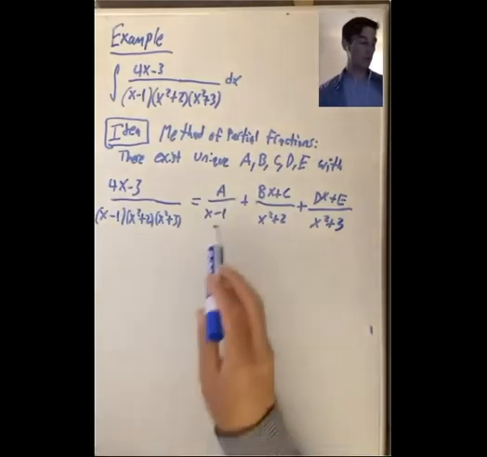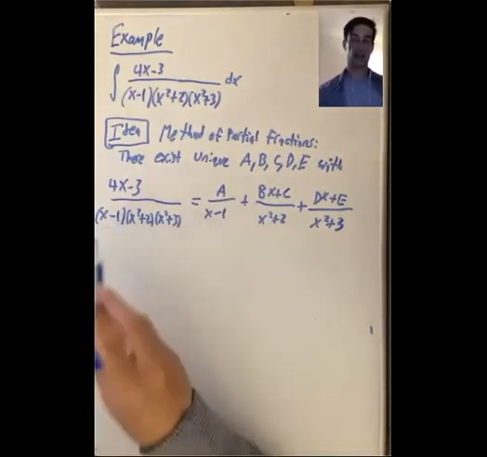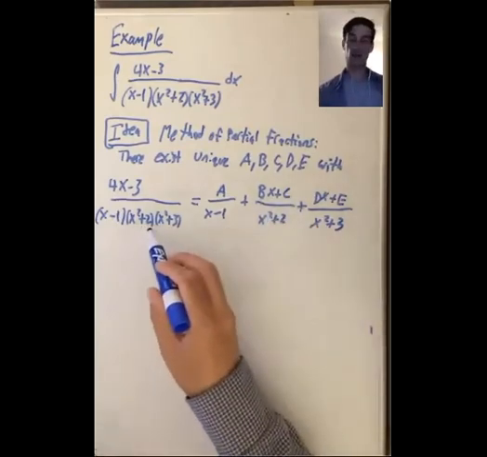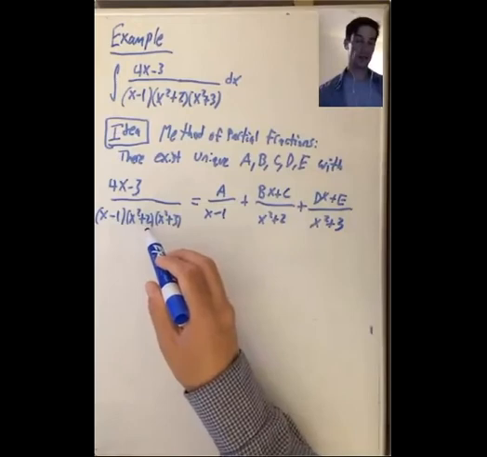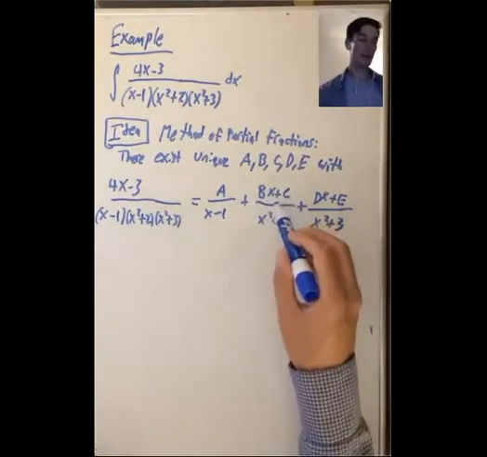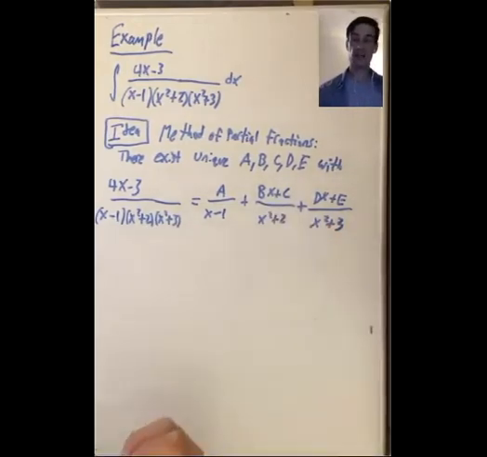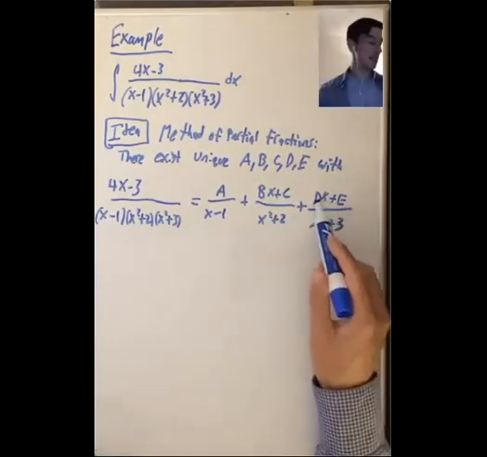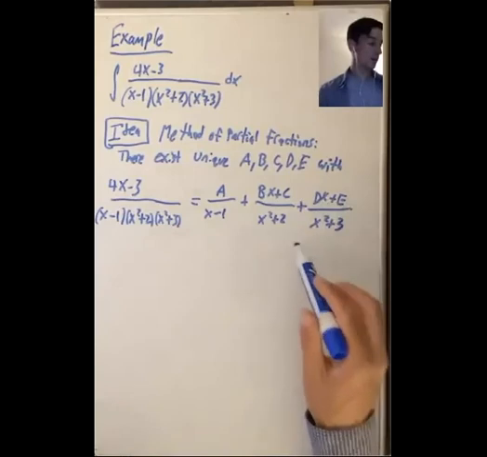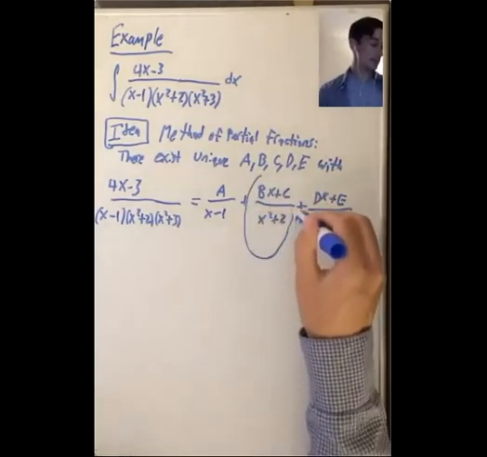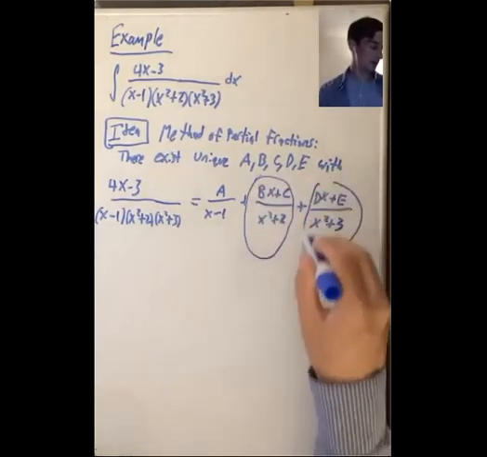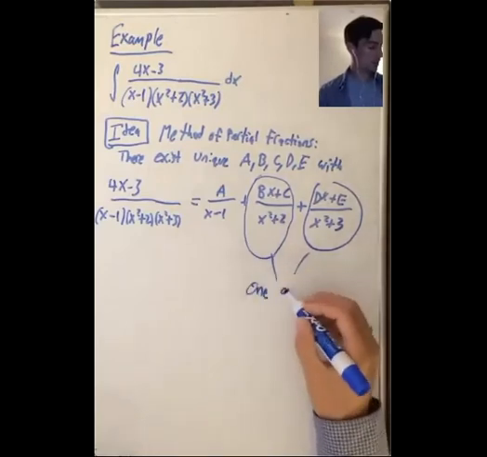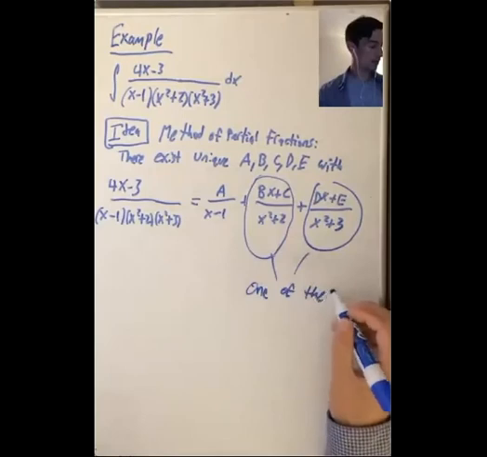We get one term for each distinct linear factor, plus bx plus c over x squared plus 2. Here's an irreducible quadratic factor, and the numerator is some number times x plus some number. And then we have another term that looks like that, dx plus e over x squared plus 3. So I'll just highlight these two and say we get one of these for each irreducible quadratic factor.